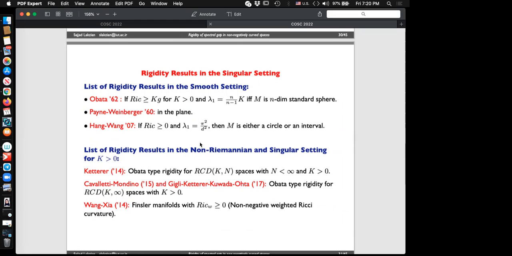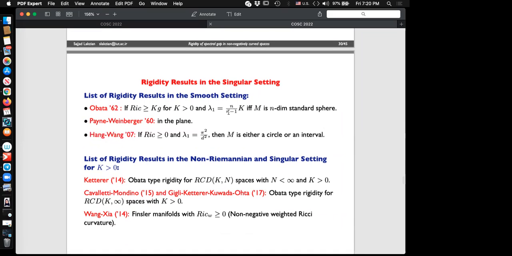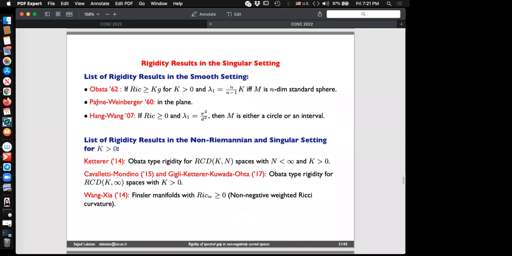Okay, so we discussed the rigidity results. Obata proved the rigidity for the Lichnerowicz bound, which says that if the bound is achieved, then the space has to be the n-dimensional sphere. Payne-Weinberger proved it in the non-negative case in the plane for convex domains, which can easily be generalized to convex domains in R^n. The same method works. And Hang and Wang showed it for a compact manifold without boundary.